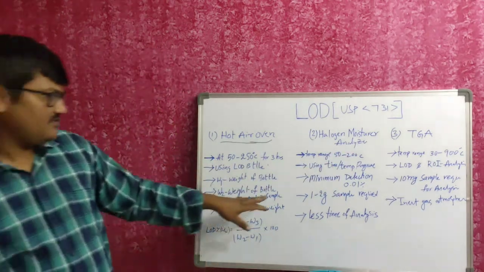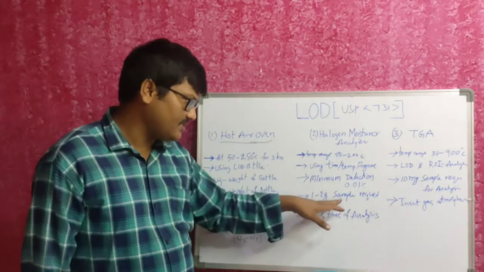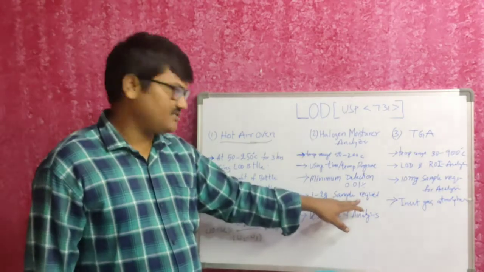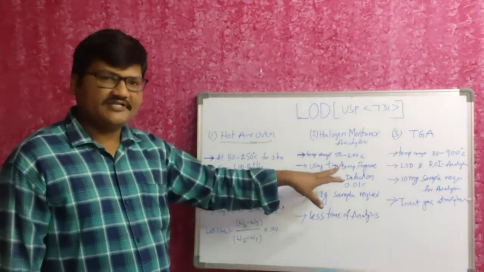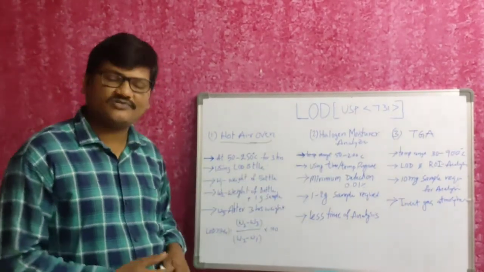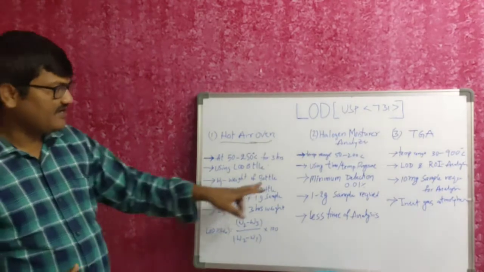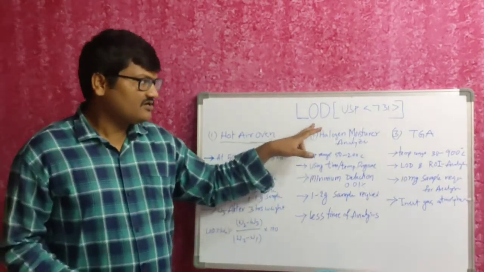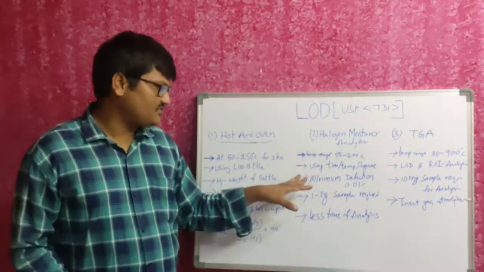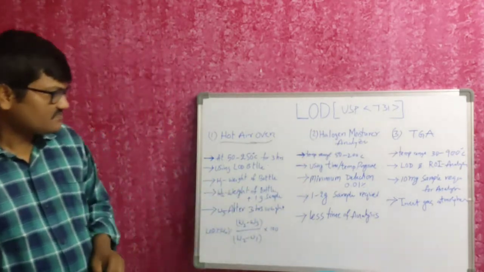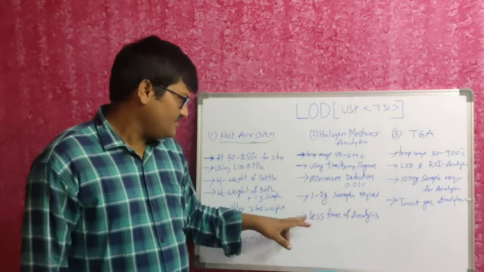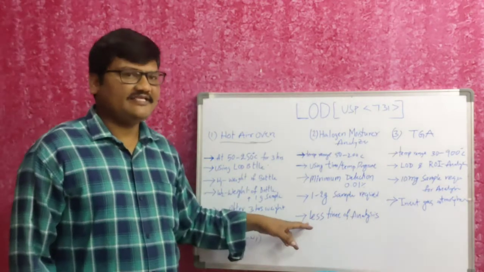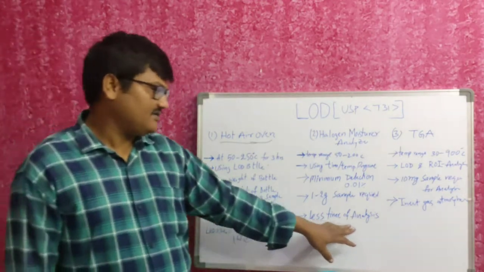We require 1 to 2 grams of sample for analysis, and it is a time and temperature program. We use a gradient temperature program, and the minimum detection level is 0.01%.